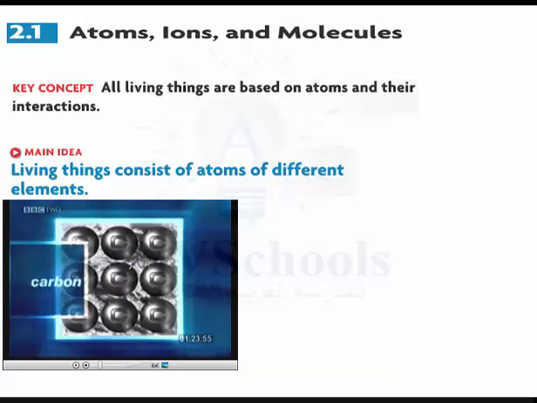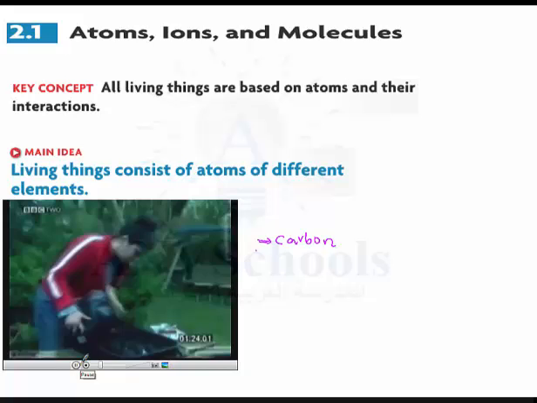When you look at what we are having here, for example, we have carbon. Carbon is one of the elements that we know. Carbon is an element, and normally when we have many of them together, they form something like, for example, charcoal.